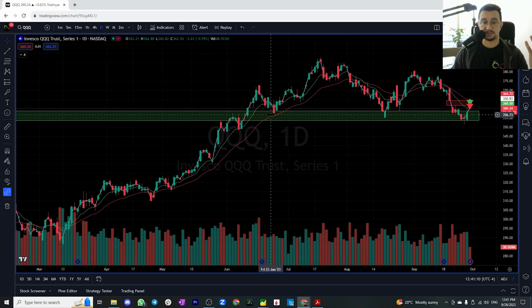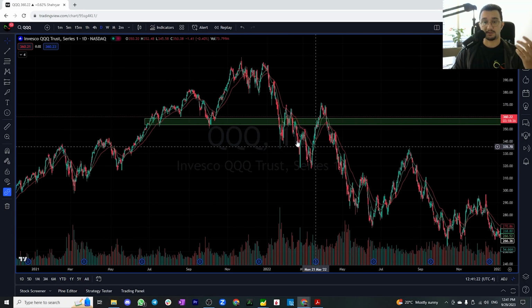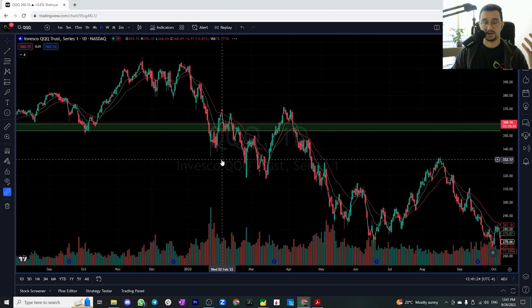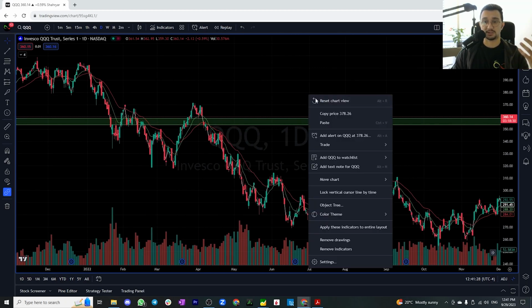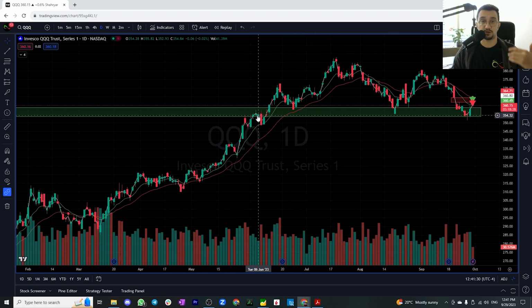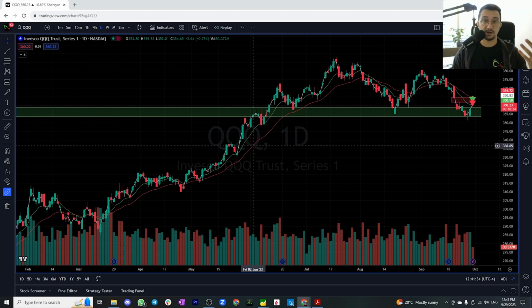And recently in June 2023 and August 2023 we have been holding above this level, and it was acting as a really important demand zone. But before that, we had a bunch of resistance around here as well. So this is an important zone. Whenever the price is above this level, it acts as a demand zone. Below this level, it acts as a resistance zone.